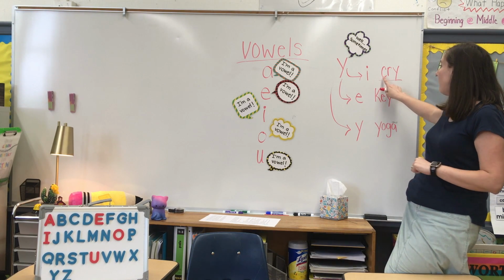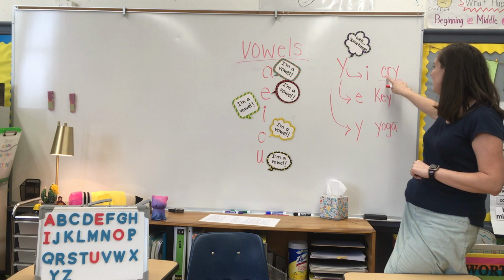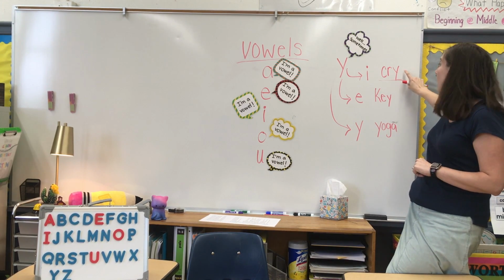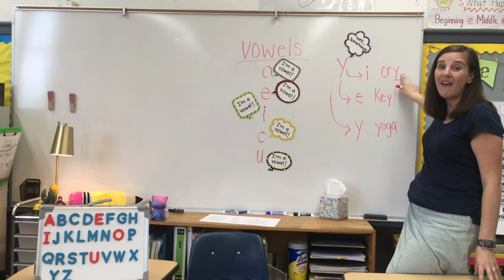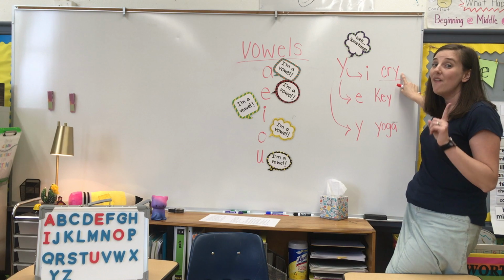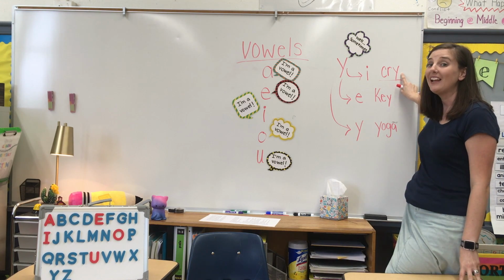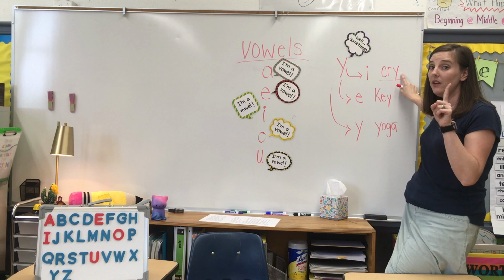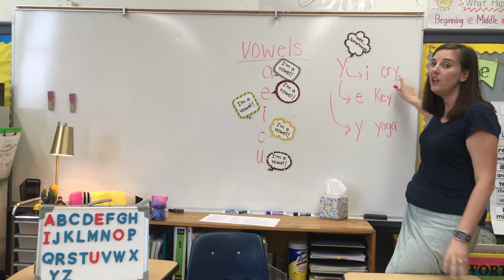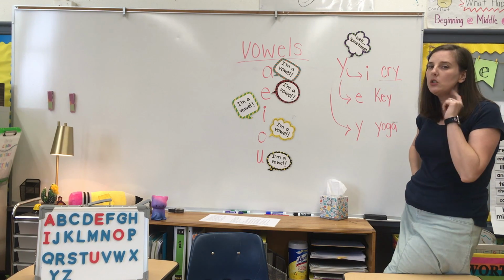So if I'm looking at this word cry, C-R-Y, I know in that word that Y is a vowel that time because I know that every single word should at least have one vowel in it. If your word does not have at least one vowel in it, you've probably spelled it wrong, and I want you to look at it again.